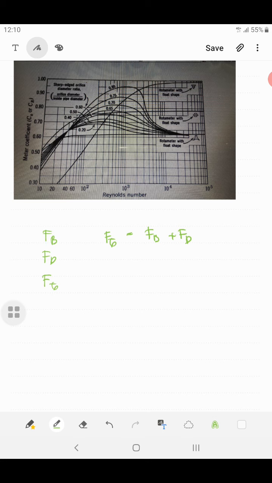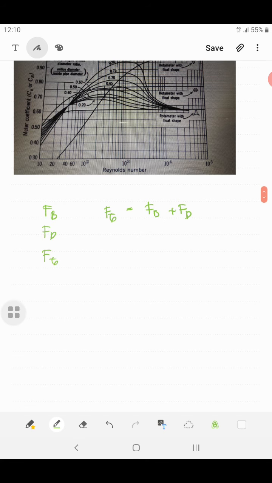The Fg itself has an equation of the volume of the float, so we are going to calculate the float gravity force: volume of the float times the density of the float times g. This equation gives you the mass of the float times g. The f here is float.